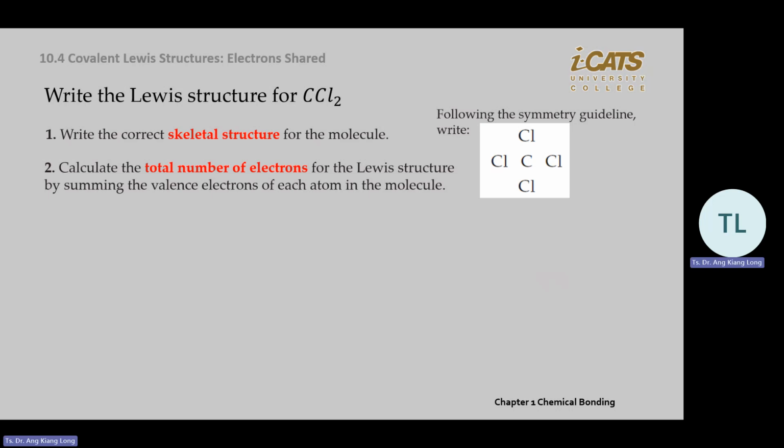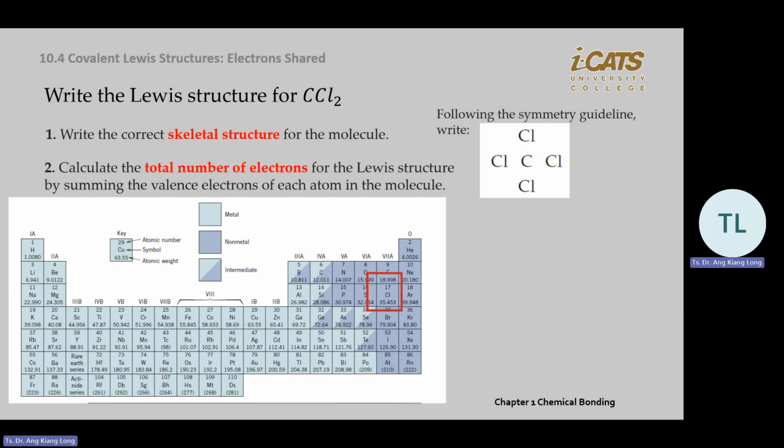Okay, so 4 plus 4 multiplied by 7 is 28, plus 4, you get 32. This is the illustration of how you get it.